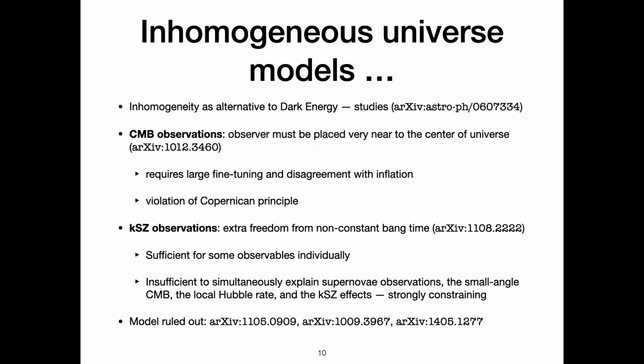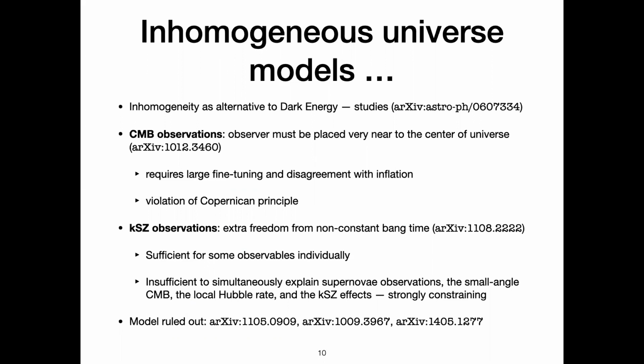Not exactly. So we have the intrinsic CMB anisotropies from the inflation part, which are present intrinsically in the CMB. Those are generated because of the inflationary phase of the evolution.